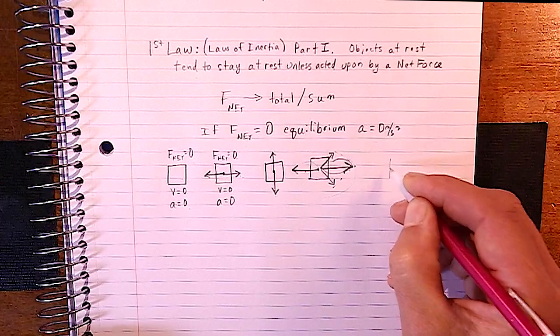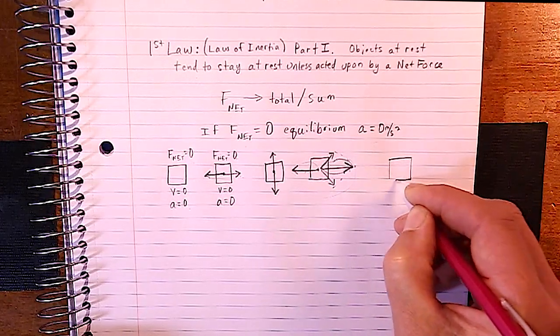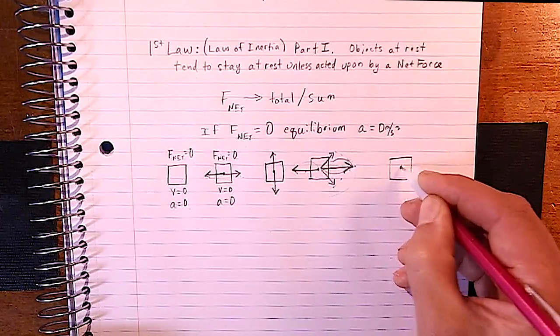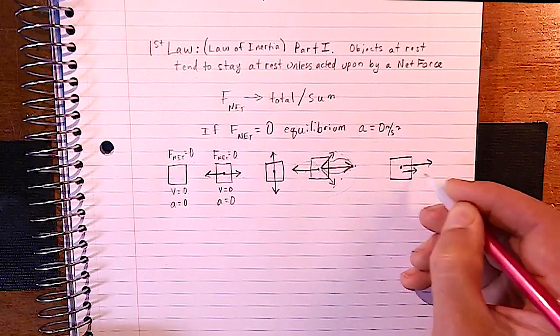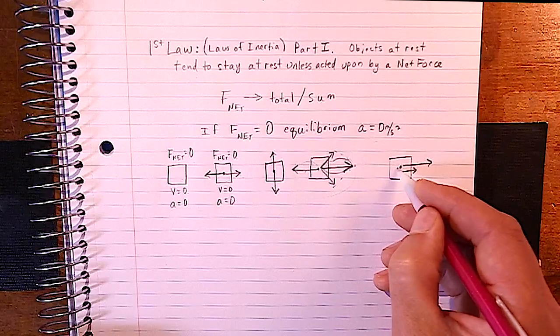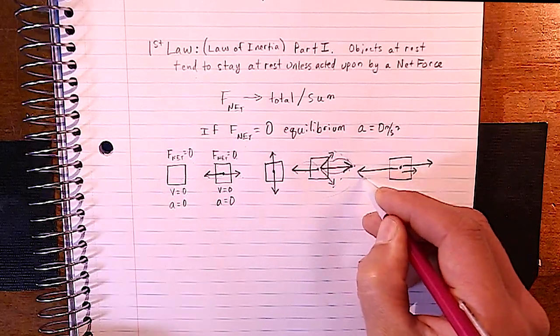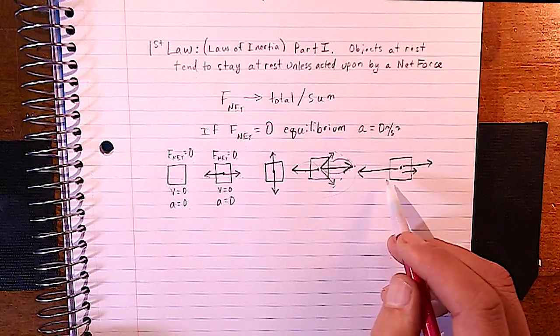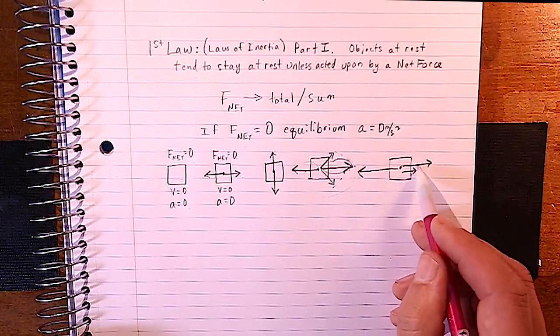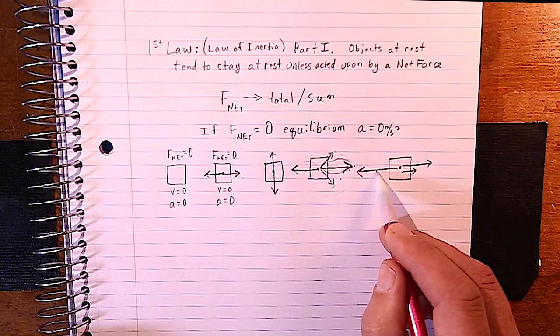We could also have unequal forces that add up to cancel out another force. For example, let's say we have a large force and a small force, but the sum of those two forces cancel out over here. In that situation, then the net force, the sum of these two, cancel with that, becomes 0.